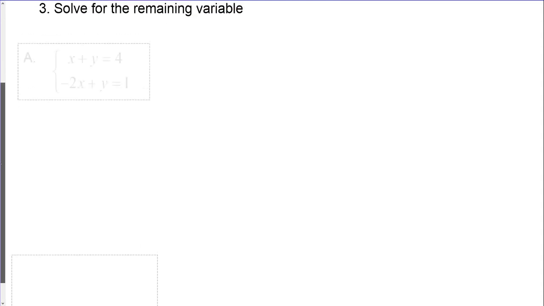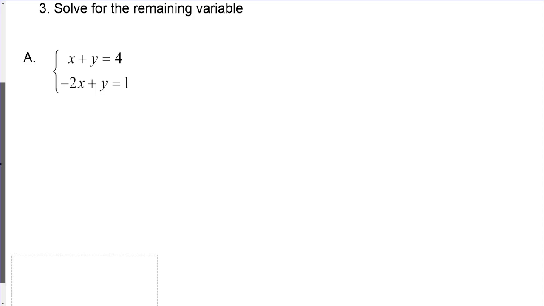Let's walk through an example so you can see how this works. We already know the solution to this system is the coordinate pair 1, 3. Let's use the process of substitution to see how we would have solved it algebraically. So I choose one equation and solve it for one of my variables.